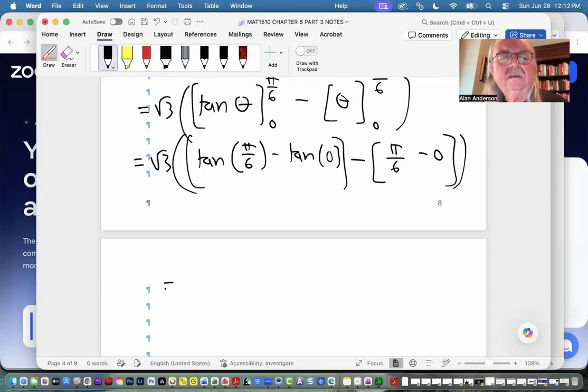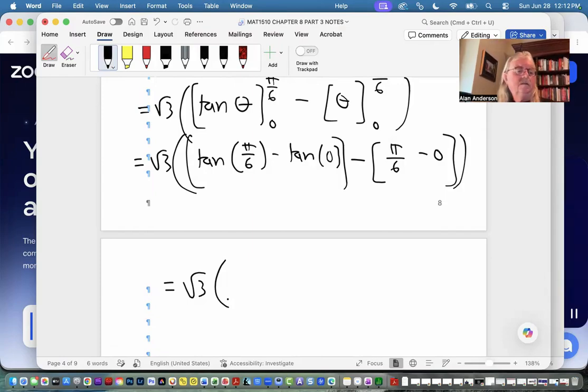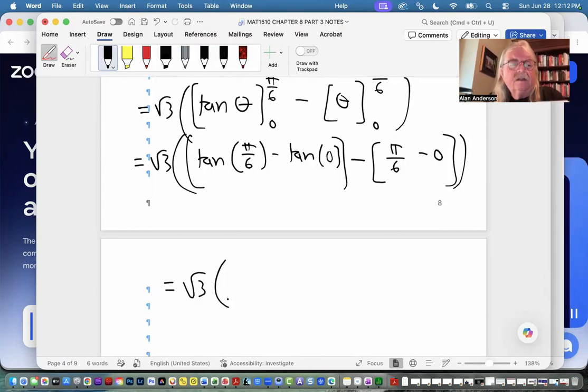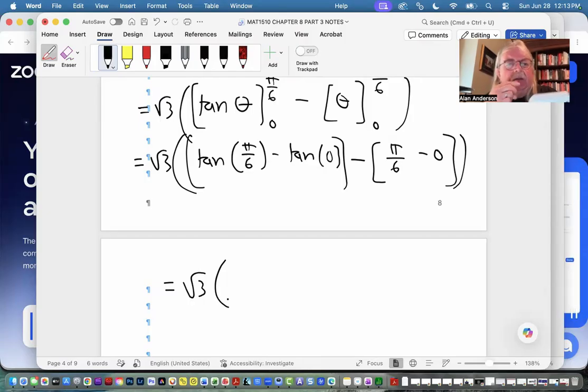Okay. So the tangent of pi over 6, let me get that off my calculator, is 0.577. I think that might be radical 2 over 3, maybe?